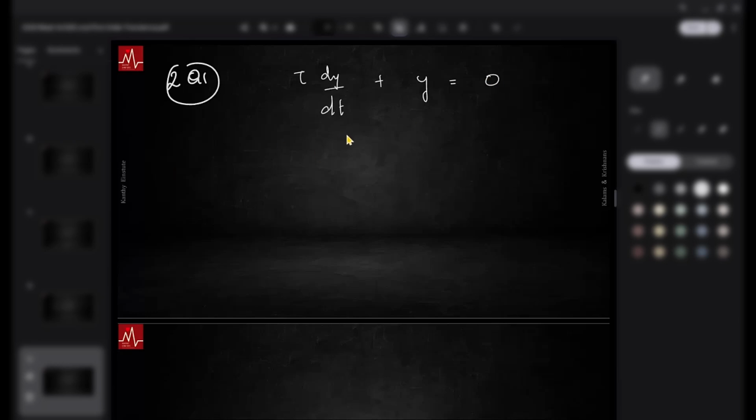Let me write this down here. Q1. What you have here is tau dy/dt + y = 0, and then you have y at time t. The initial condition is y0.